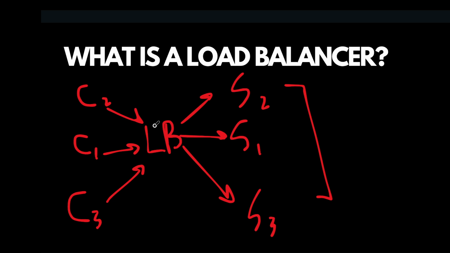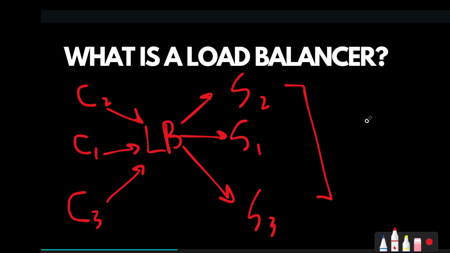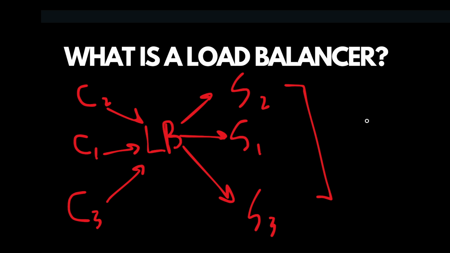That means the server is not overwhelmed with a lot of different requests, because the load balancer is balancing the load. It makes sure that no server is overwhelmed with requests and no server is underutilized. So this is what a load balancer is on a high level, and in future videos we will talk about that in more detail.